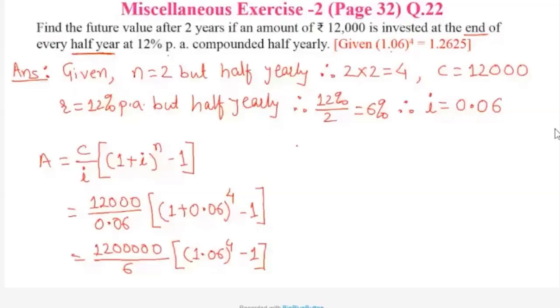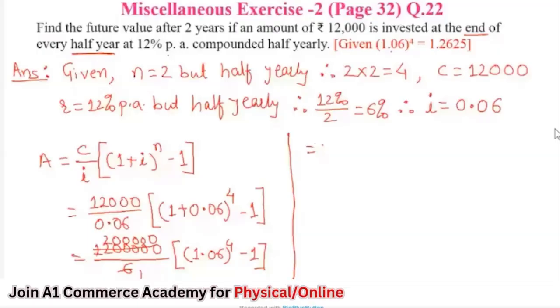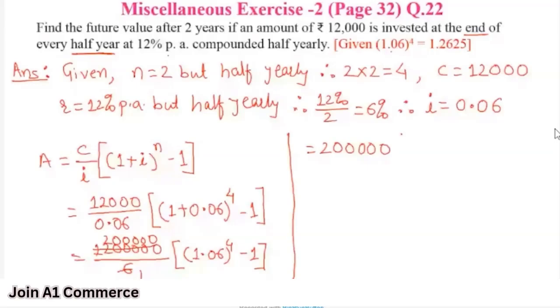Yes, people are giving me the answer also. 6 ones are 6, 6 twos are 12. So this is 2 lakhs. Am I right with zeros? 1, 2, 3, 4, 5. 5 zeros, yes, correct.